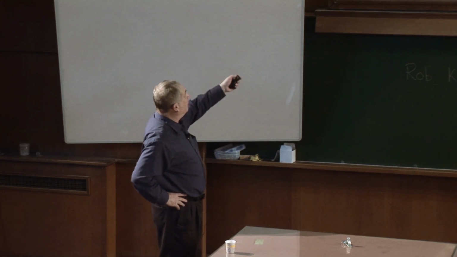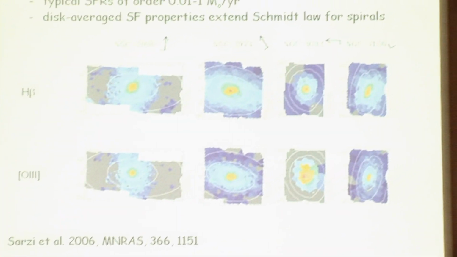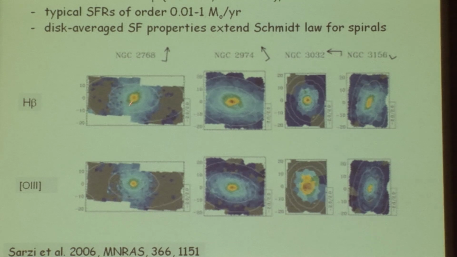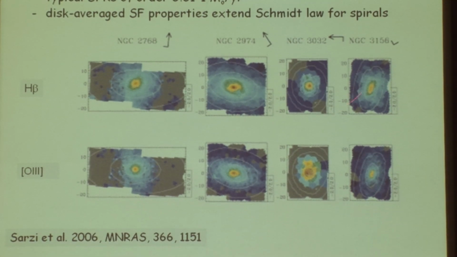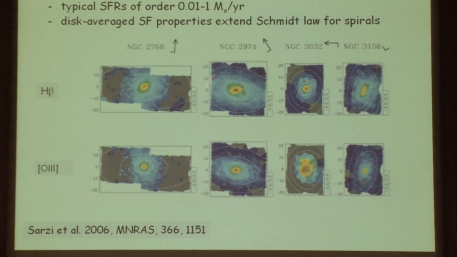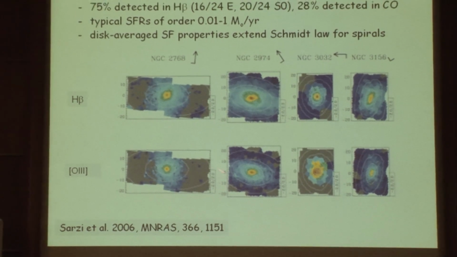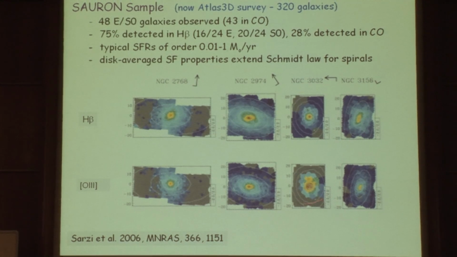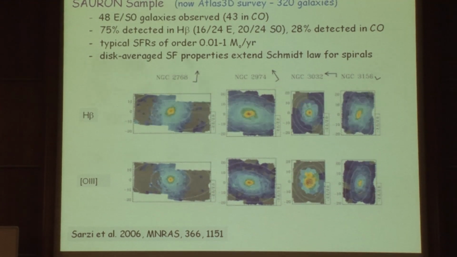These are just 2 examples, I think, for 4 galaxies. H-beta emission line maps from SAURON for 4 of these galaxies that show extended star formation in O3. Sometimes it's a nuclear disk, very often a circumnuclear star-forming disk, and sometimes much more extended.